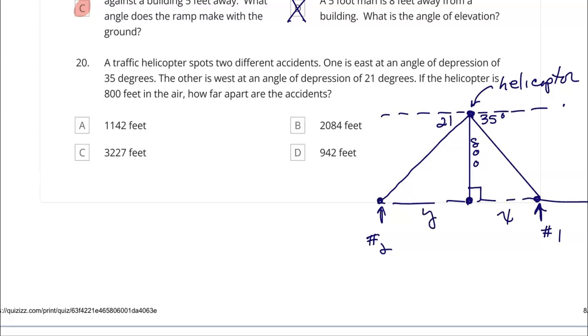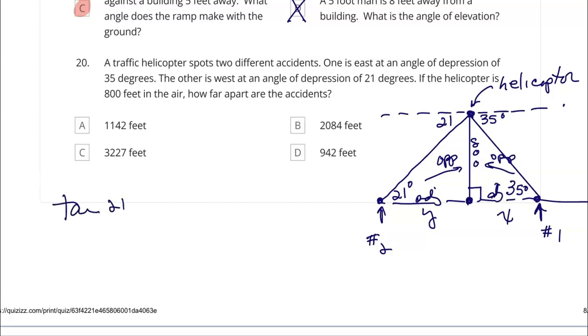Remember that the angle of depression can become an angle of elevation. So it looks to me that this is always going to be opposite, and this is going to be adjacent. I can do two tan problems.